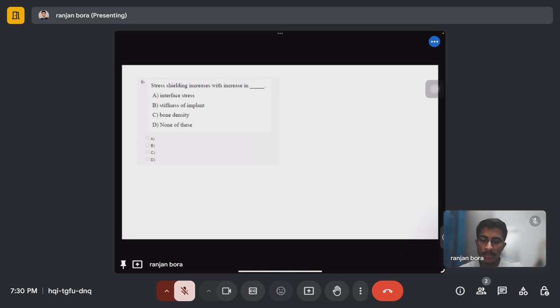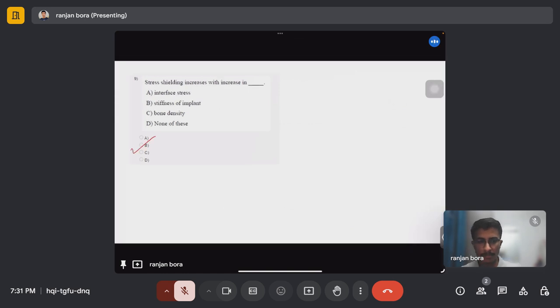So if we increase the stiffness of implant, then because the stiffness of bone is constant, the difference becomes larger and larger, and because of that, stress shielding increases. So option B is correct.